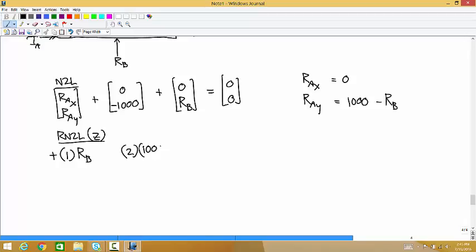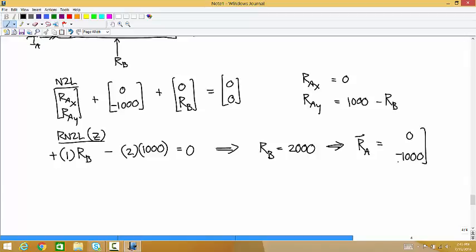Is that clockwise or counterclockwise? Clockwise, so that's negative. And that's equal to 0. So you get that RB is equal to 2,000. And plug 2,000 in for RB up above, and you get that RA is equal to 0x negative 1,000y.